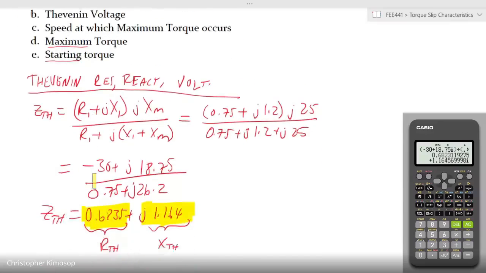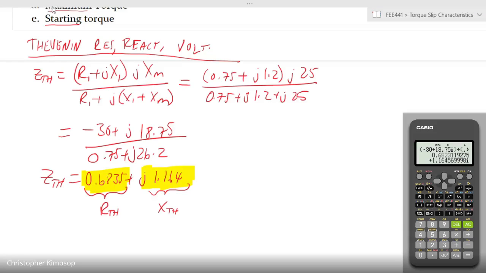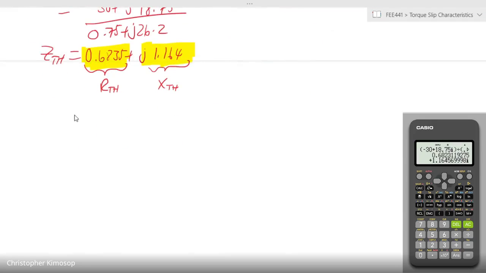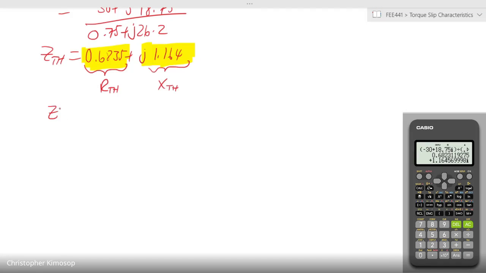So that's the first step. Let's put it down completely: we are looking for R Thevenin equals 0.6835 ohms, and X Thevenin is equal to 1.164 ohms.